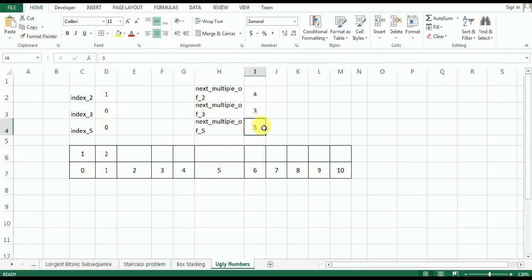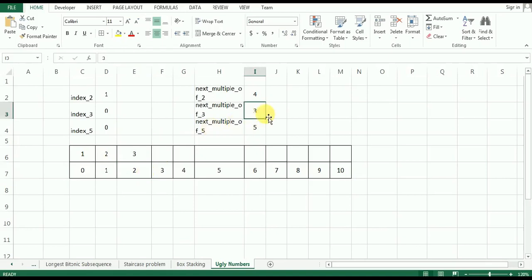And 5 is going to stay as 5, because 5 into the value at index 0, which is 1, is 5. Now let's find out the minimum value out of these 3 integers. That value is coming as 3. So I'll put 3 here. So 3 is the ugly number at spot 2.